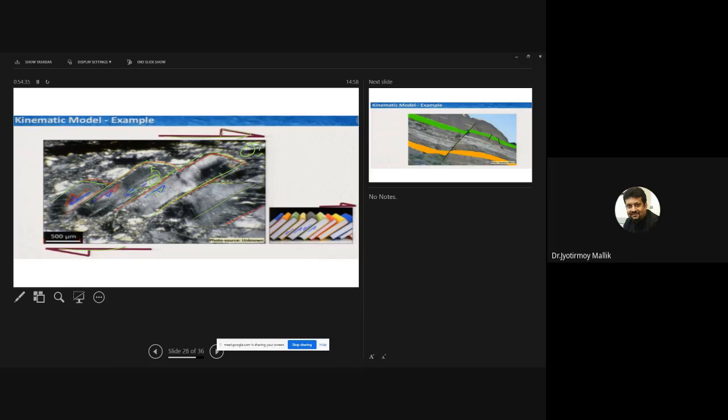Understood? In the bookshelf structure you see sinistral shear, but overall it is a dextral shear setting. Why did that happen? How is it possible? If you look at this porphyroblast rotation, from some of the experiments that I did as well, we could see that if the porphyroblast starts to rotate, what happens?